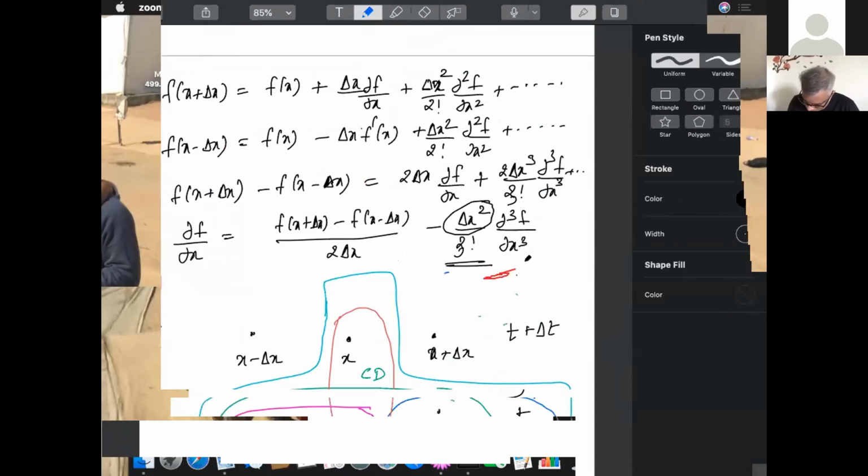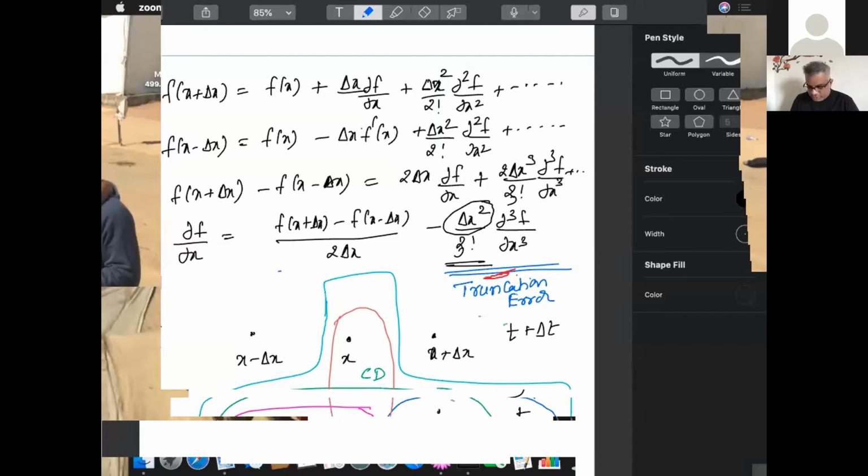So when you're solving an equation, before telling about order of accuracy, this part that is left out in the process of approximating the derivative is called truncation error. Because we are chopping off the terms at that point, and then we are trying to use the points which are left.